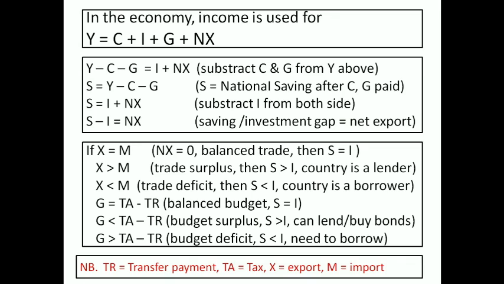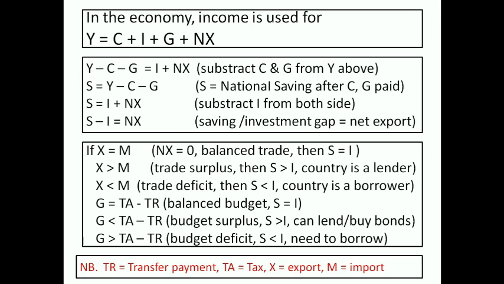On the budget aspect of it, when the government expenditure is equal to the tax minus the transfer payments, then we have a balanced budget. We can also say that savings is equal to investment.